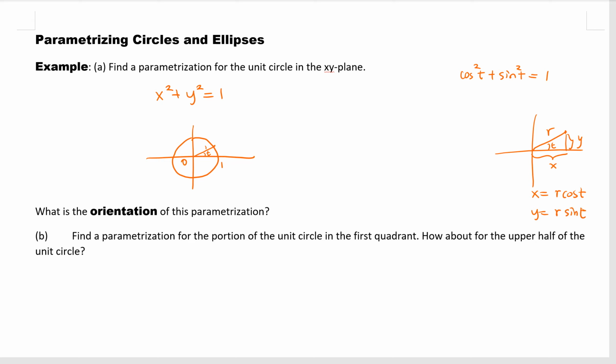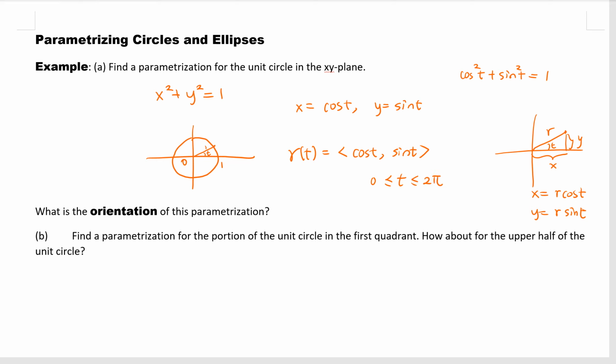In this case, because r is 1, we just get x equals cosine t, y equals sine t. So gamma of t equals cosine t, sine t, and because we want the whole unit circle, t runs around from 0 to 2 pi.